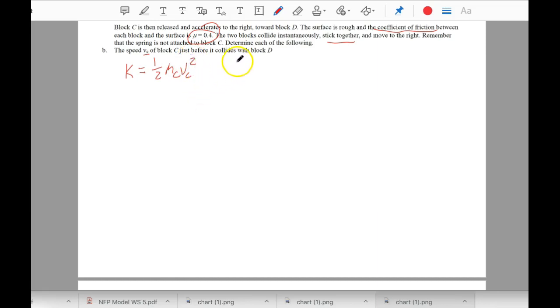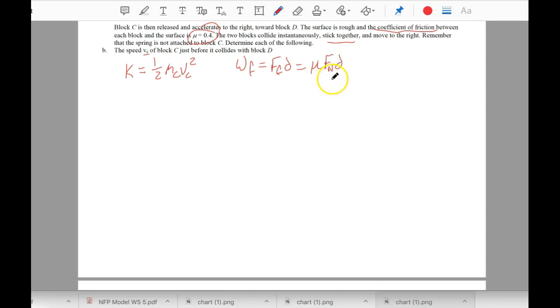And that the work done by friction is equal to the force of friction times the distance that friction acts. Remember, the force of friction is equal to mu times the force normal.